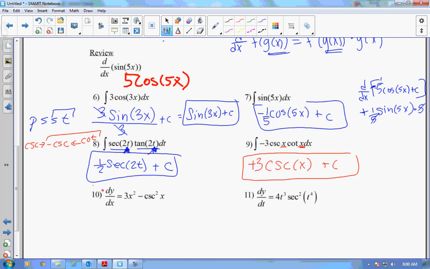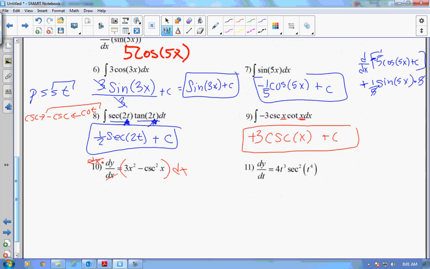So we need to multiply it over, make sure you're doing everything, and then we can integrate both sides. We can integrate dy, and we can integrate 3x squared minus cosecant squared x. Make sure that's all in a group, in parentheses or brackets, dx. Because remember, dx is your width.